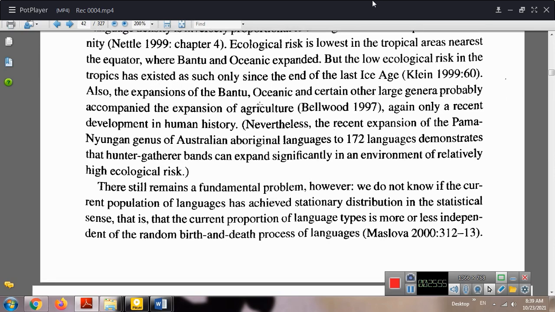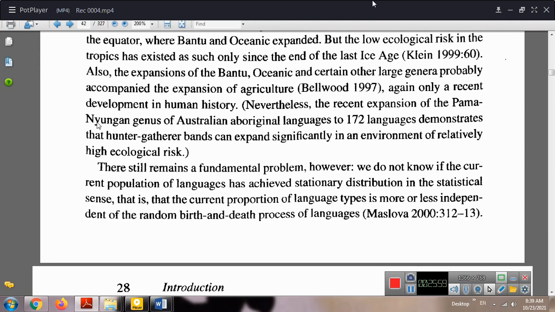Also, the expansions of Bantu, Oceanic, and certain other large genera probably accompanied the expansion of agriculture, again only a recent development in human history.